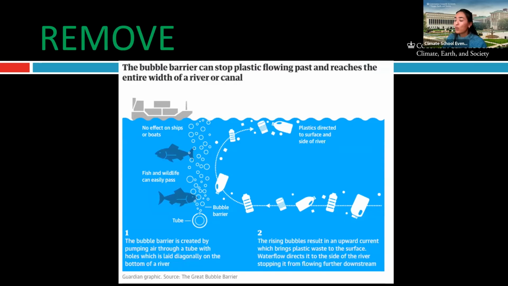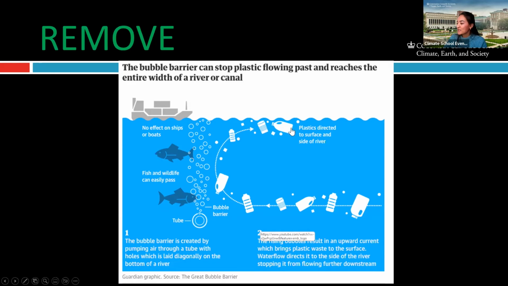One interesting way to get plastic out of a more localized area is something called bubble barriers. These bubble barriers essentially push plastic to the surface. This would work best in marina settings or coastlines.